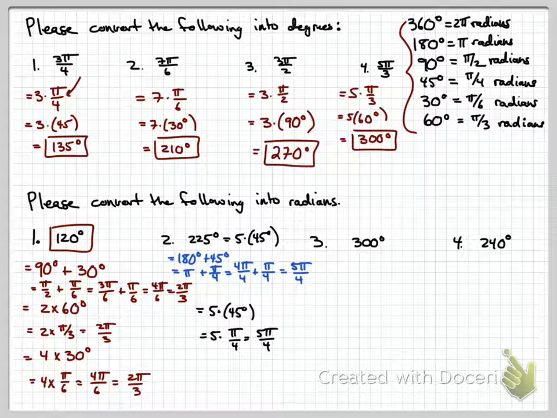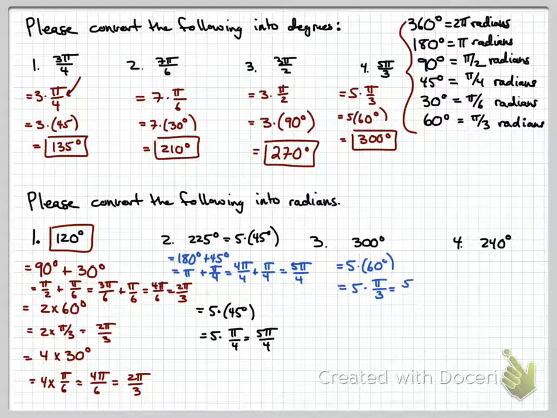All right, we're going to do these next two a little bit more quickly. Now, note to self, 300, oops, I already did that one up here, but alas. We could write 300 as 5 times 60 degrees. 60 degrees is pi over 3 radians. 5 times pi over 3 will give us 5 pi over 3 radians.